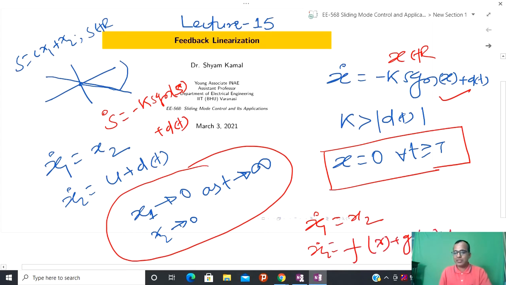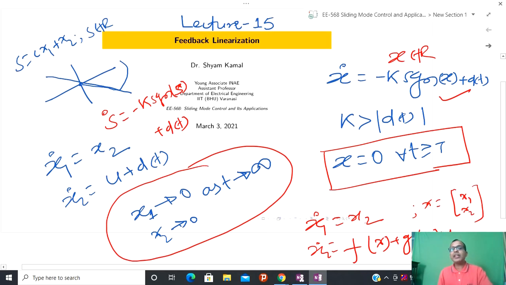Suppose this is your system, where x is the vector x1 and x2, and suppose f(x) and g(x) are not known to you, but you know that these two quantities are bounded. Now the question is how to design this control u such that I can make sure that x1 and x2 both equal 0 in finite time. If you see the literature, this is nothing but second order sliding mode control.